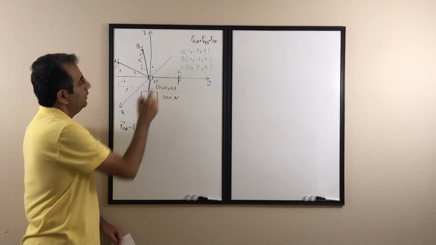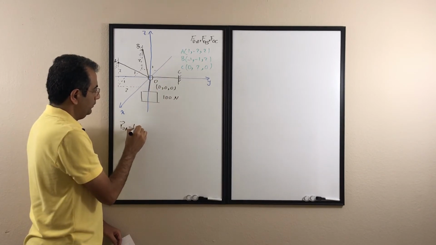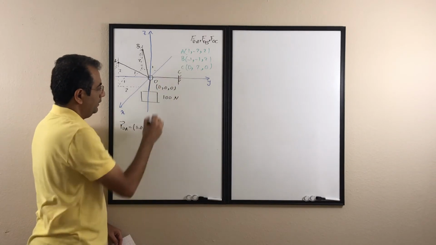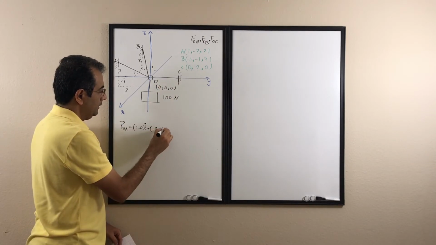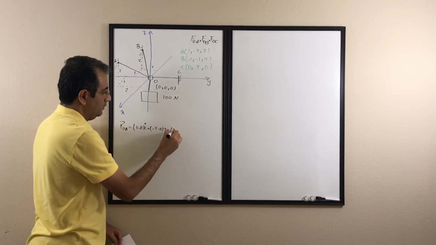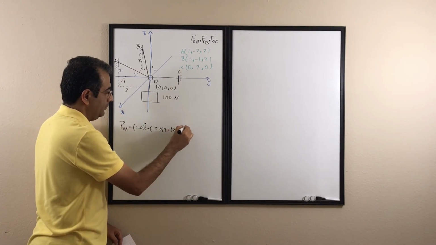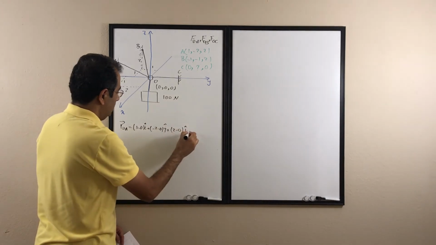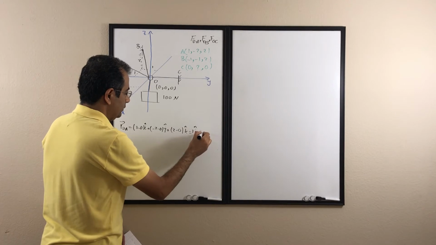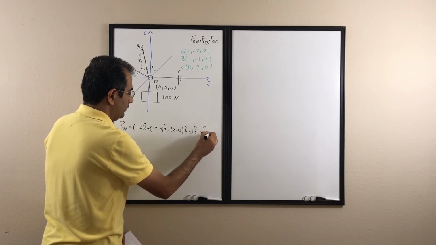So it's going to be 1 minus 0 I plus -2 minus 0 J plus 2 minus 0 K, which is simply 1I minus 2J plus 2K.